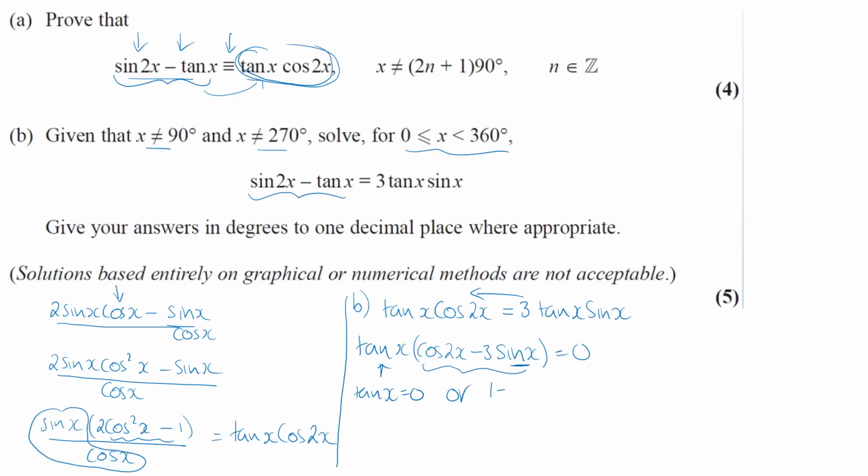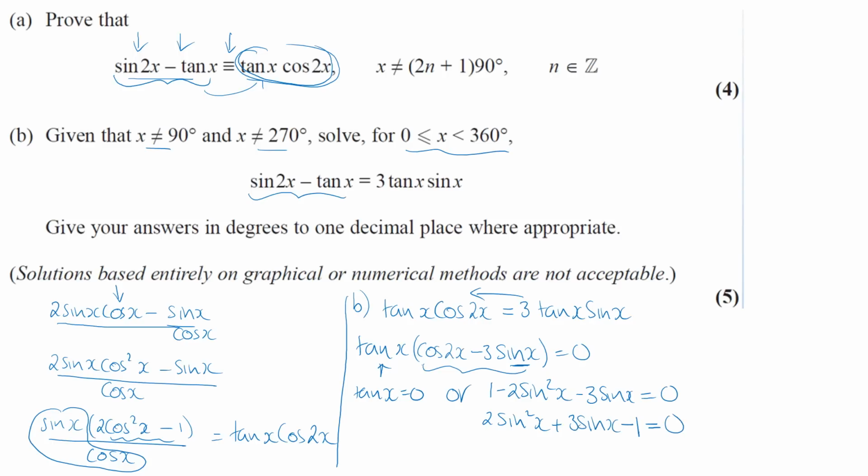So 1 minus 2 sine squared x minus 3 sine x is equal to 0. And then we can just rearrange that, take everything to one side. You'll have 2 sine squared x plus 3 sine x minus 1 is equal to 0.